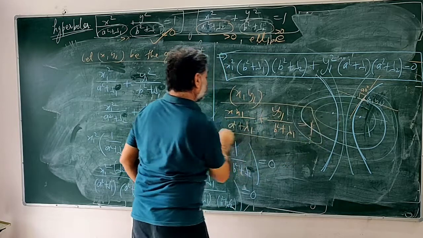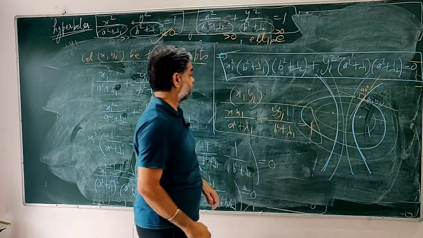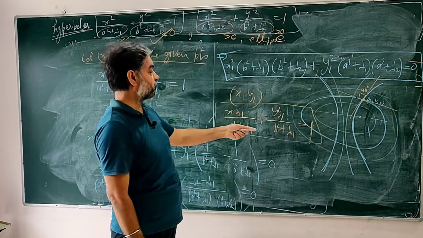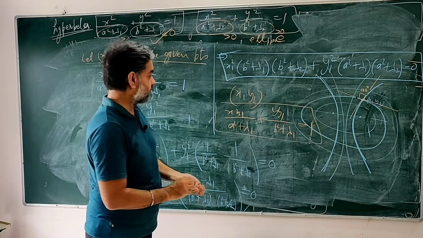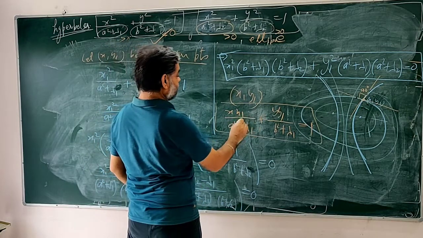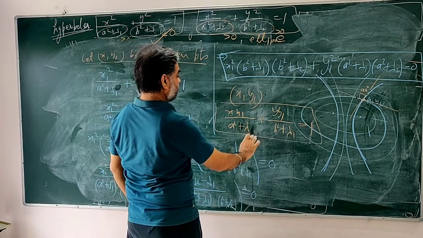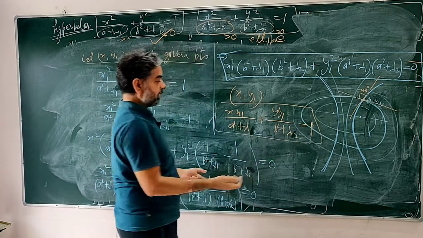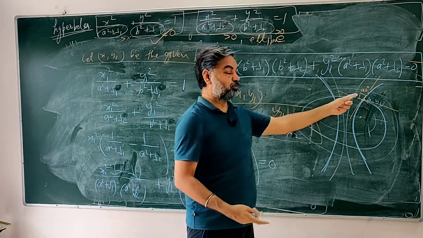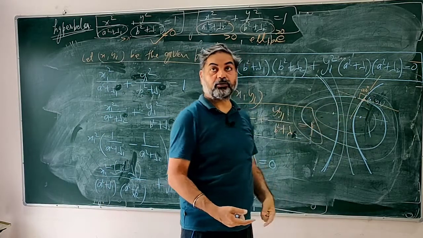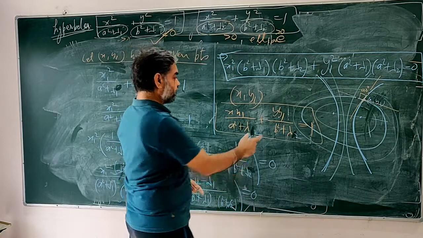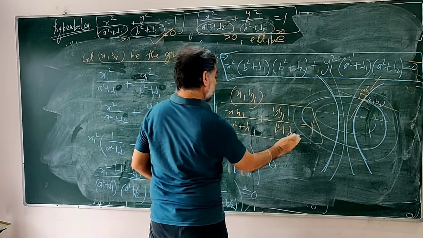This is the equation of the tangent to the first conic. Similarly, you find the tangent to the other conic, with lambda 2 in place of lambda 1, and then find the angle between these two.